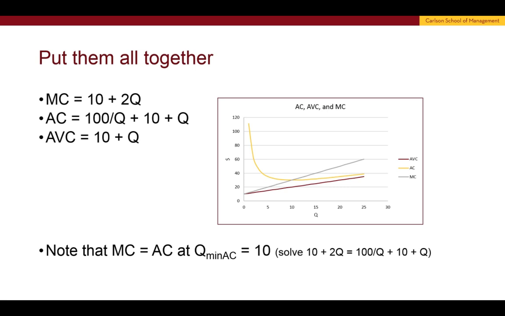One final thing we could do is find the quantity where MC crosses AC. And in so doing, we'd also be finding the quantity where we have a minimum average cost. How would we do that?